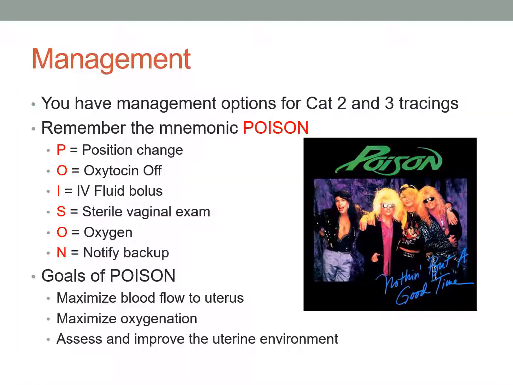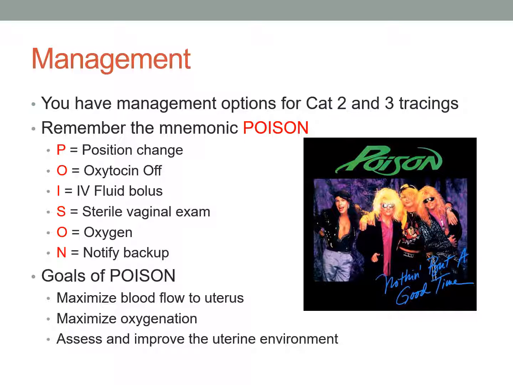So management. Here is another mnemonic for you to write down. This helps you remember your management options for what to do with a category 2 and 3 fetal heart rate tracing. So the mnemonic here to remember is POISON. P is position change. O, oxytocin off. So if you've got a tachysystolic environment, think of turning off the oxytocin.